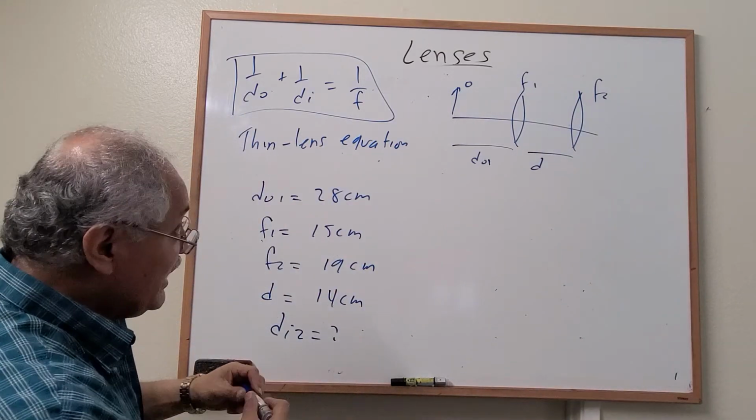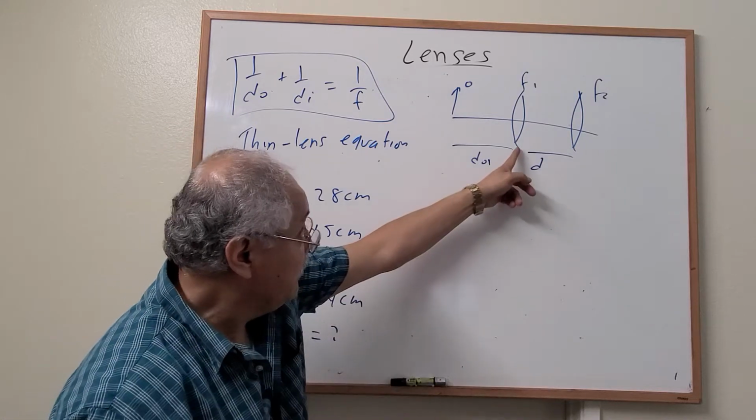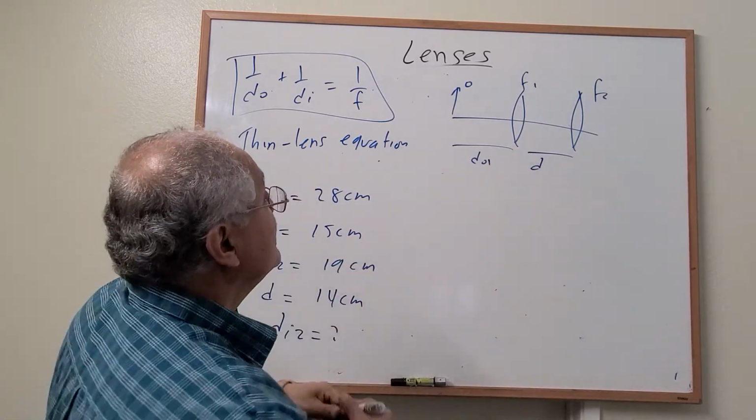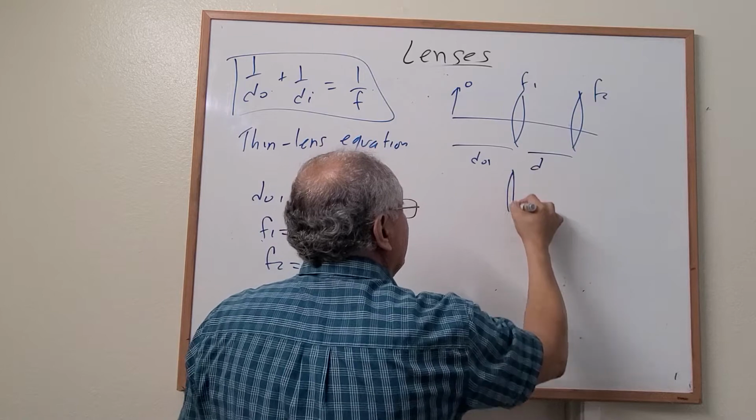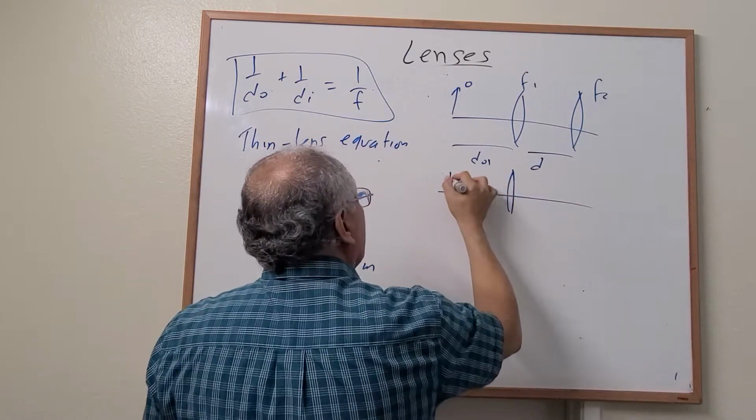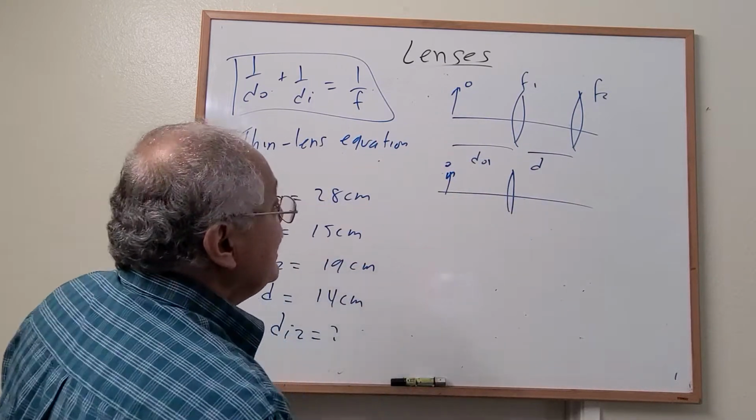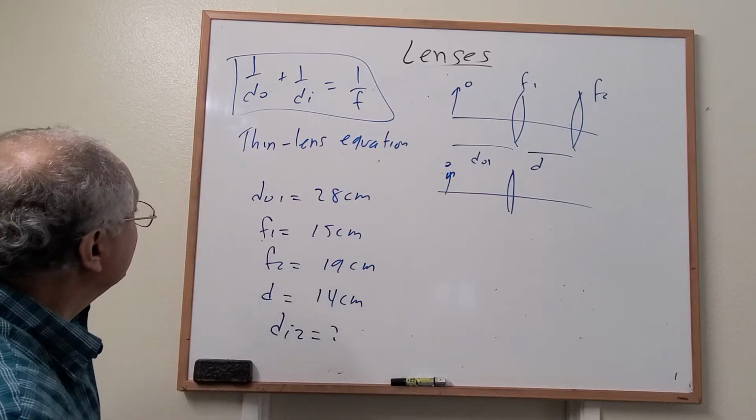First, let's find the image formed by lens 1. So at the beginning we have only one lens, like this, and the object right here. Now let's find di1.